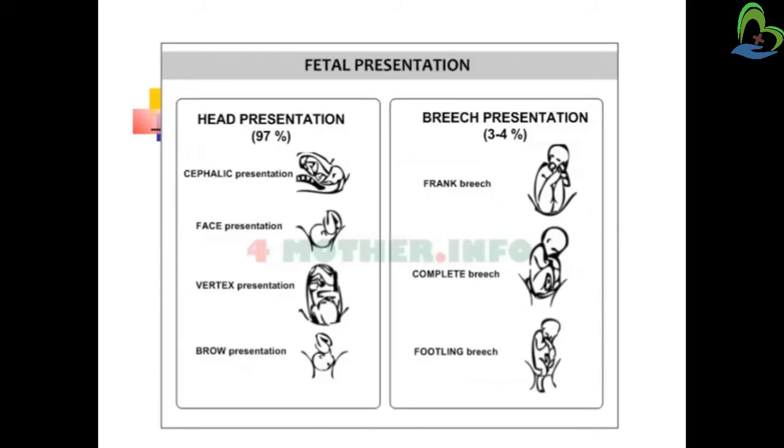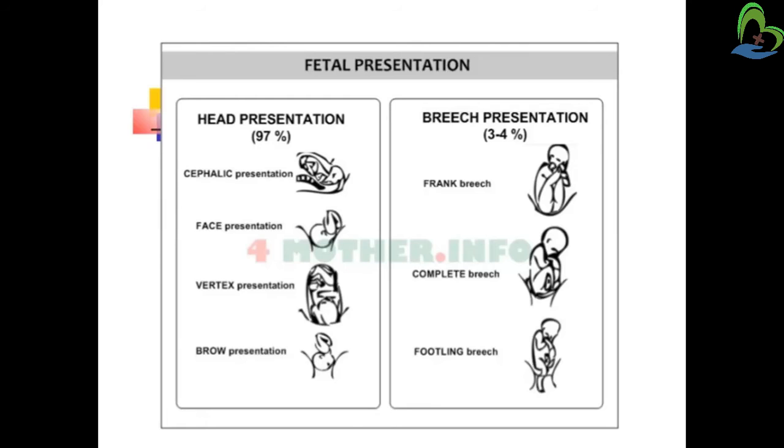Now the fetal presentation, the head presentation and breech presentation, and the difference between these two presentations. First we will see the cephalic presentation. The head occupies the lower pole area, then the face, then the vertex area of the fetal skull is occupied, then the last one is the brow.